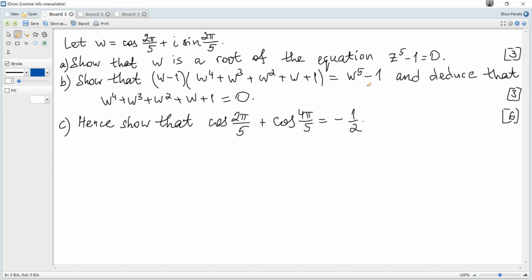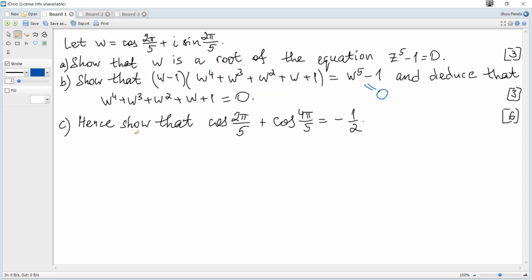So from the previous result, w to the power of 5 minus 1 is 0. Hence, the left-hand side is 0, and we can see that the left-hand side is a product, and a product is equal to 0 when one factor is 0, and it doesn't matter what the other expression is.